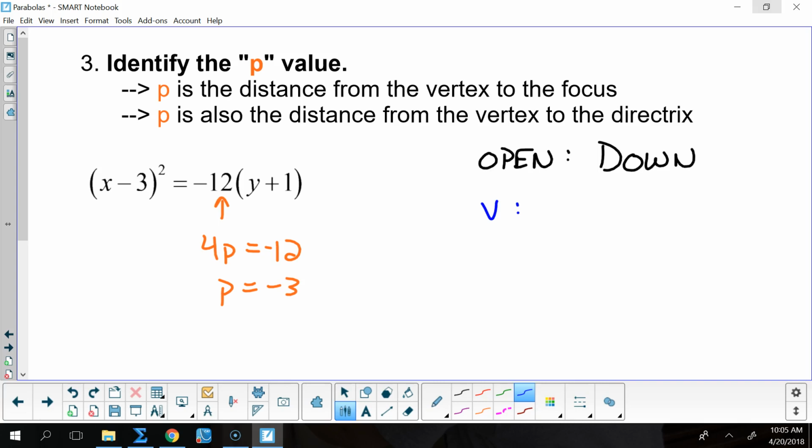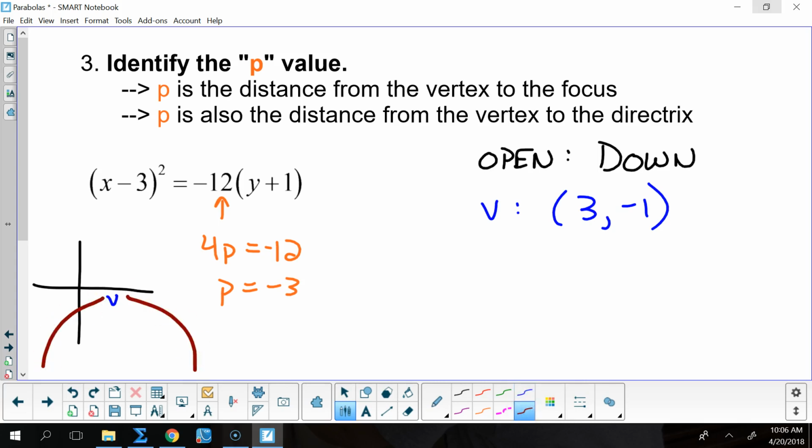What do you got? 3 comma negative 1. Do we agree with that? Okay. So now, let me just do a little sidebar action over here. Okay. So we got this. So we got our vertex over there. And this parabola is going to open down. Right?